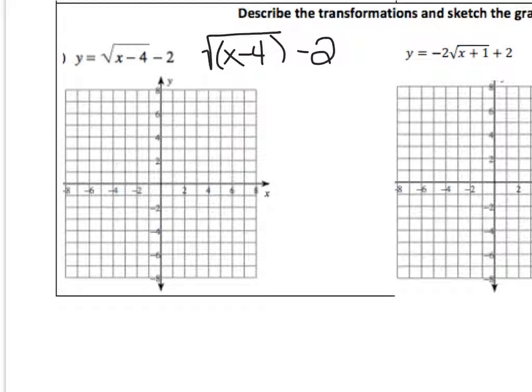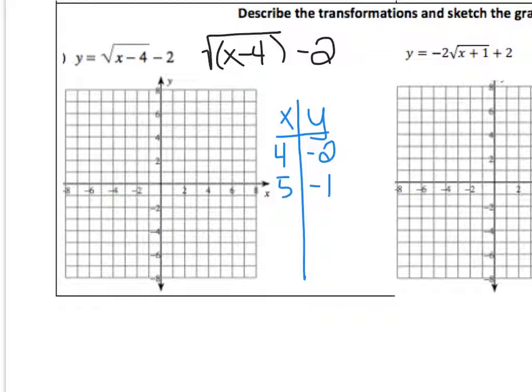Okay, so second graph, and let's look at our table. So x, y. Alright, so you should see that we start at 4, negative 2. 5 is negative 1. 6 is negative 0.6. 7 is negative 0.3. 8 is 0.